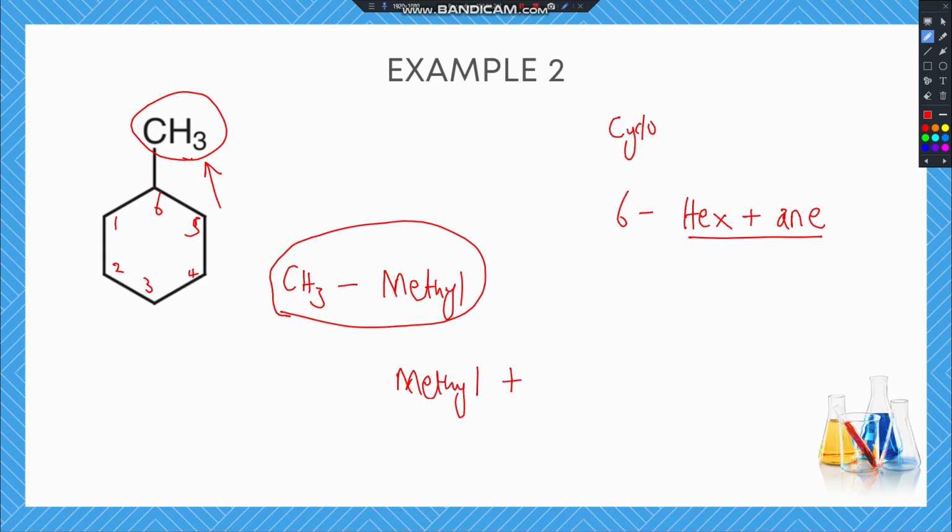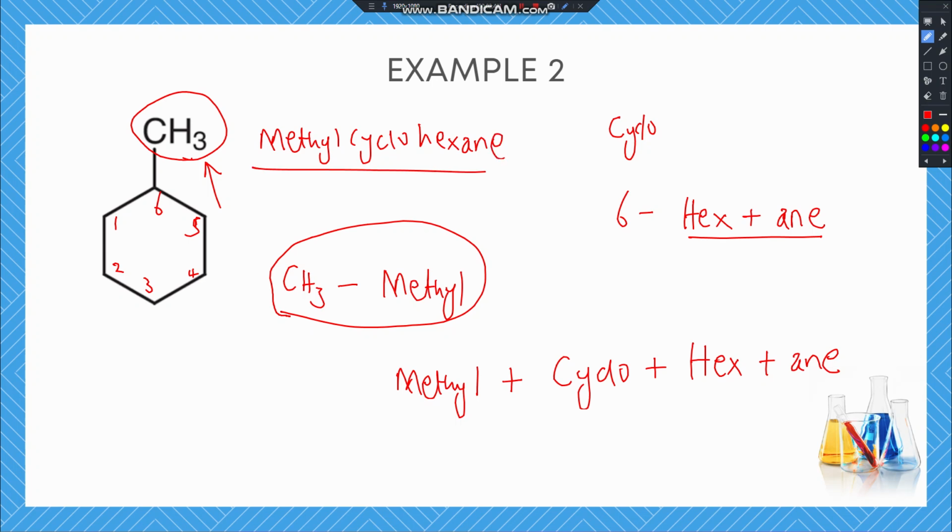We have methyl plus the parent name of this compound, which is cyclo, plus the number of carbons that we have, which is hex, and then since it is an alkane, we use the complete suffix ane. So altogether we have methylcyclohexane as the name of this compound.